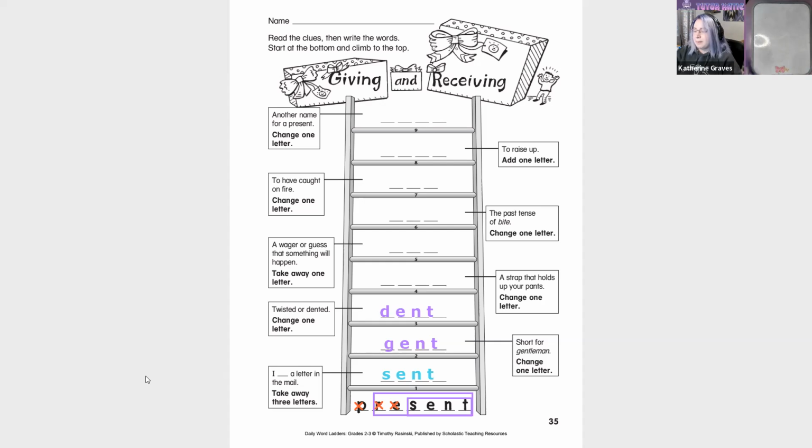So it's going to be bent. And then let's see, we changed that one. All right, next line. A strap that holds up your pants.